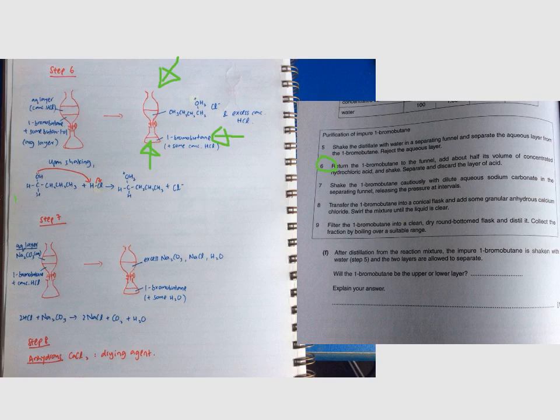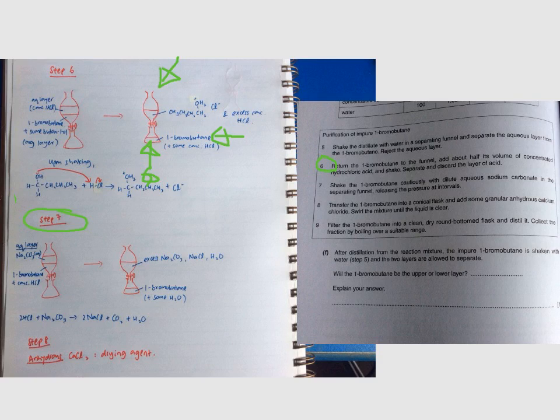So to keep it safe, such that there's no con HCl inside your desired organic product, we will go through step 7. In step 7, you will pour your conical flask from step 6 into this separating funnel.